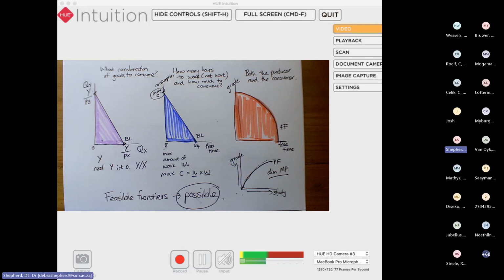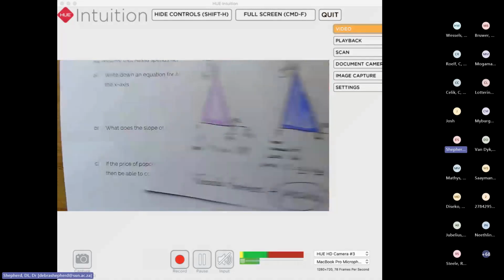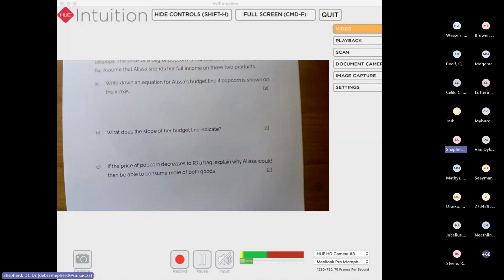Okay, so I don't see any questions in the chat, but if you are typing something, by all means, throw it into the chat and then I'll pause and answer the question. Okay, but let's go into question 1.